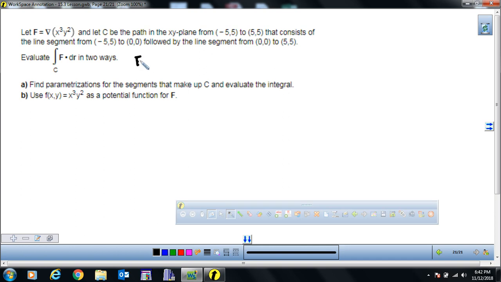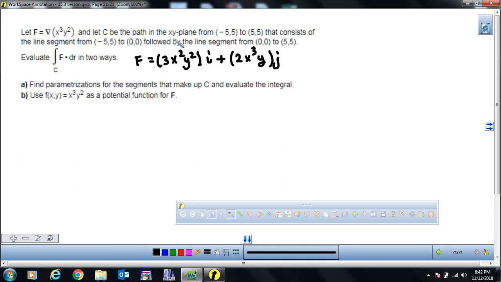F is going to be the gradient of this function, meaning the derivative with respect to x, which is 3x squared y squared, i, plus the derivative with respect to y, which is going to be 2x cubed y j.